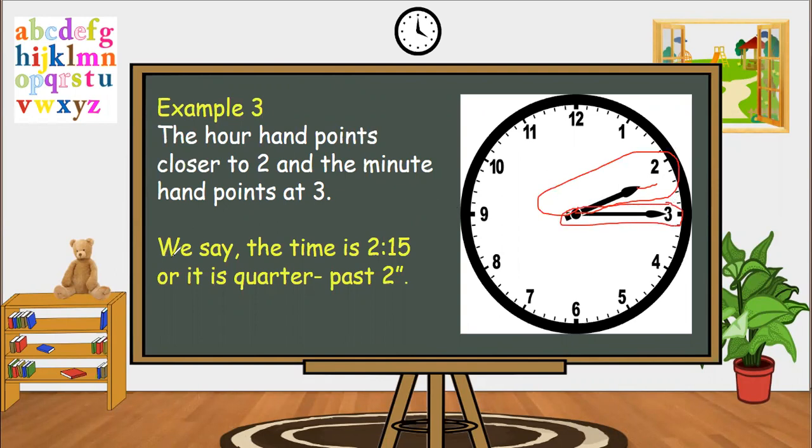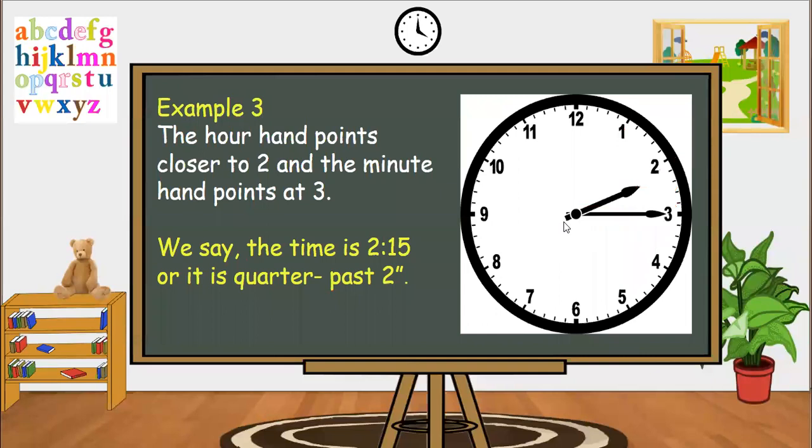We can say the time is 2:15. Here, 5, 10, 15. The minute hand is at 3, which means 15 minutes. So 2:15 is the time.